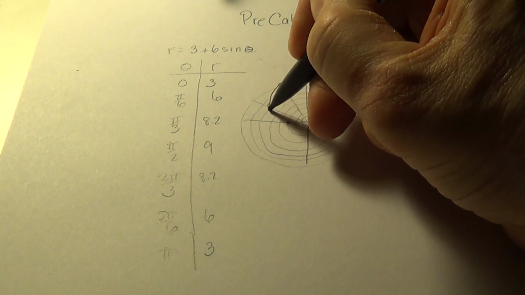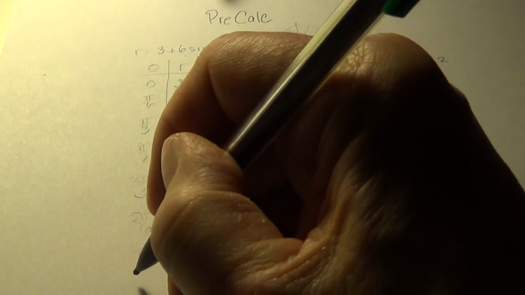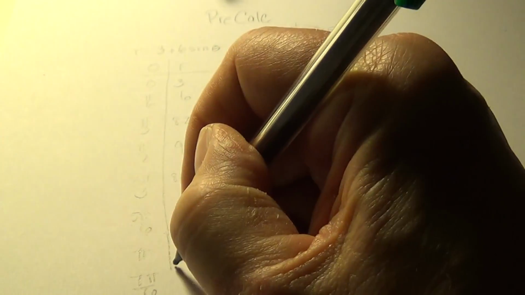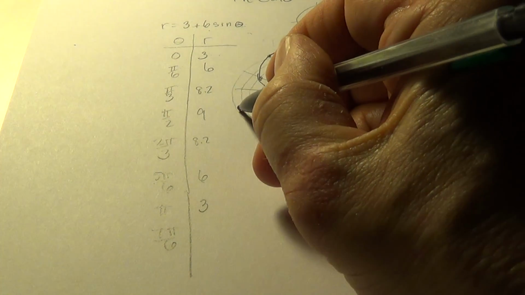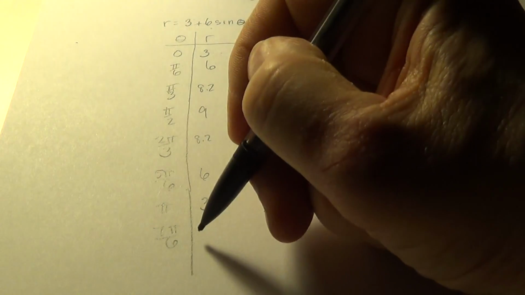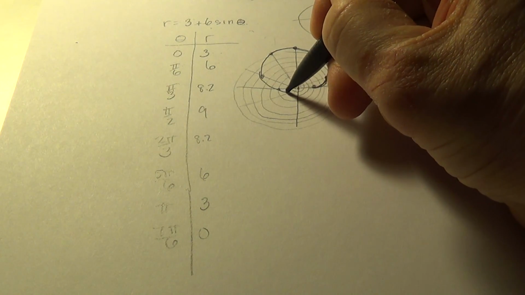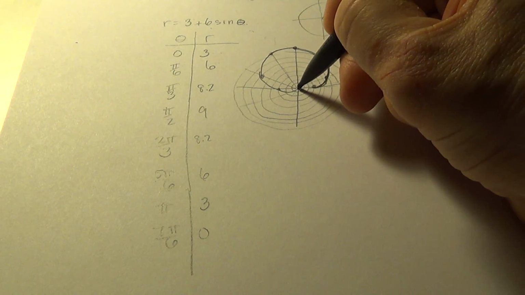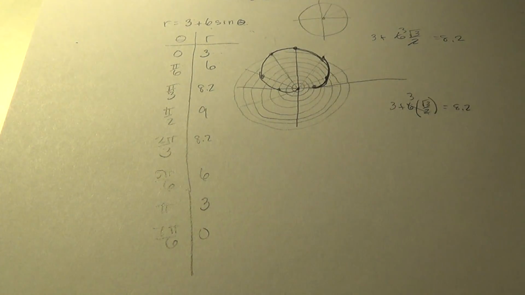Right there. And pretty soon, 7 pi over 6, as we go around and around the circle, would be this angle, and it turns out to be 0. So I've got to bend from where I am to 0, staying within the angle marks there.